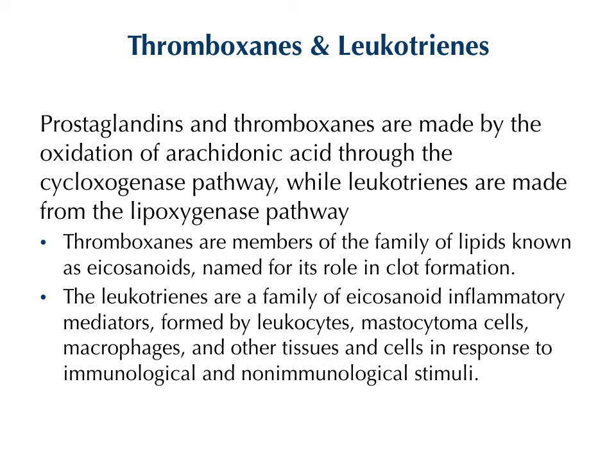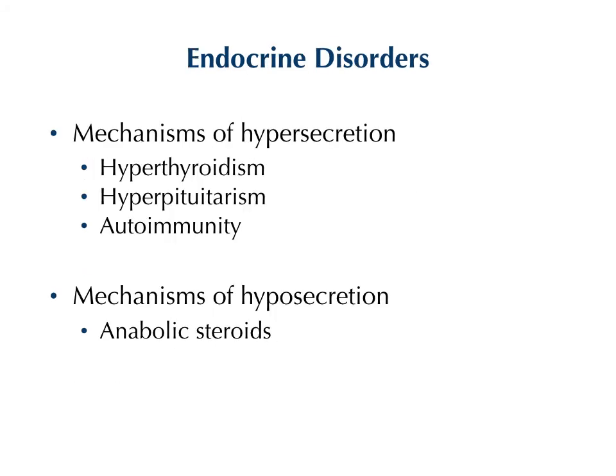The thromboxanes are members of the family of lipids known as eicosanoids, and they're named for their role in clot formation, whereas the leukotrienes are a family of eicosanoid inflammatory mediators, and they're formed by leukocytes, mastocytoma cells, macrophages, and other tissues and cells in response to immunological and non-immunological stimuli.